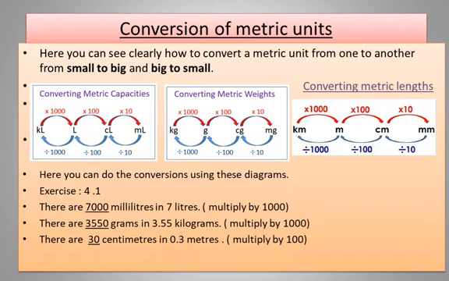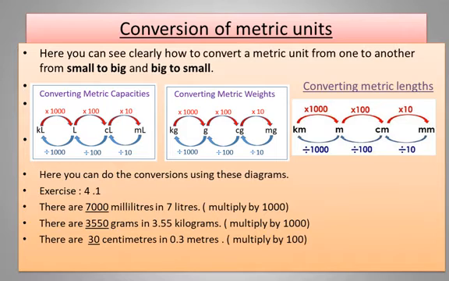The red arrows show the conversion from big to small, and the blue arrows show the conversion from small to big. So the conversion from big to small we multiply, and from small to big we divide.